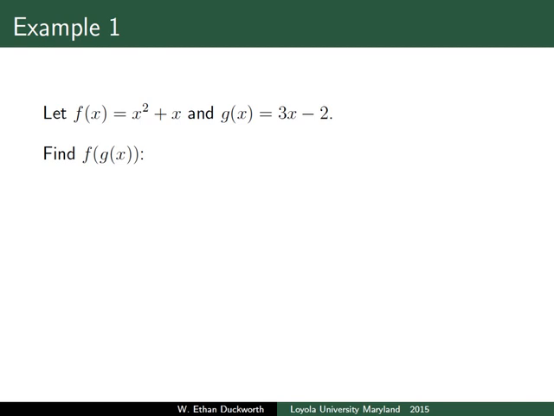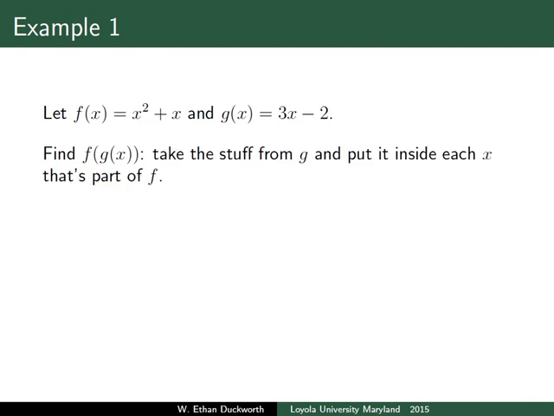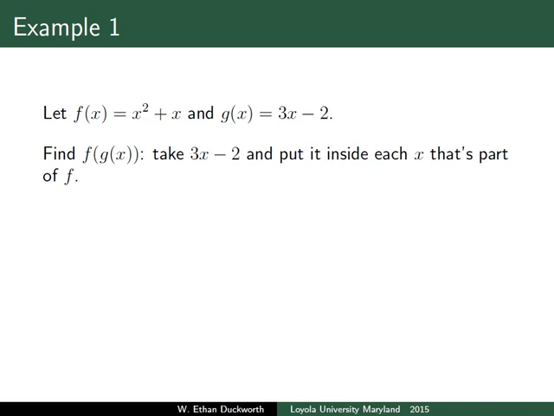Let's apply the definition first. Take the stuff from g and put it inside each x that's part of f. Let me reword that a little more specifically now that we know what's going on in this example. Take 3x minus 2 and put it inside each x that's part of f.